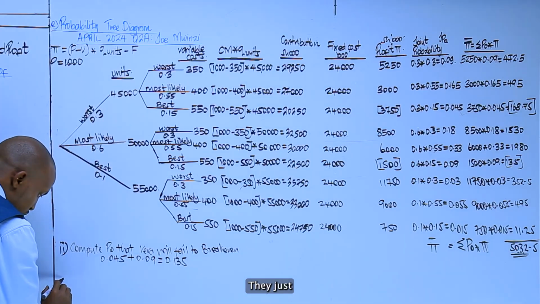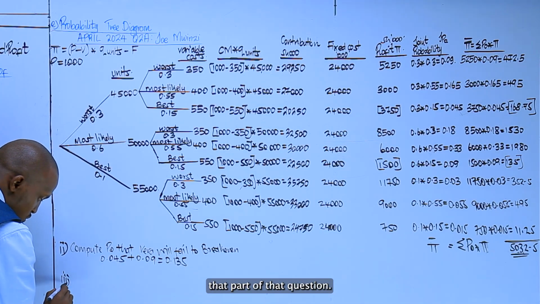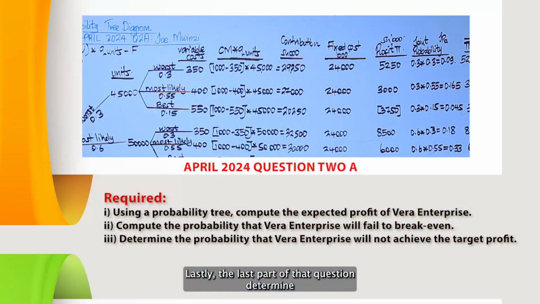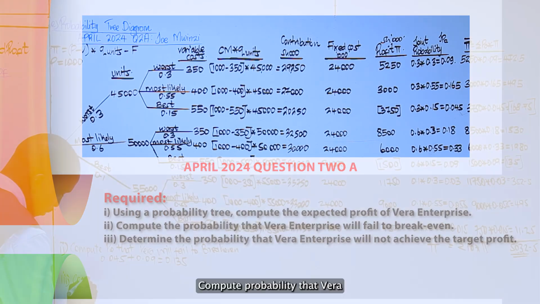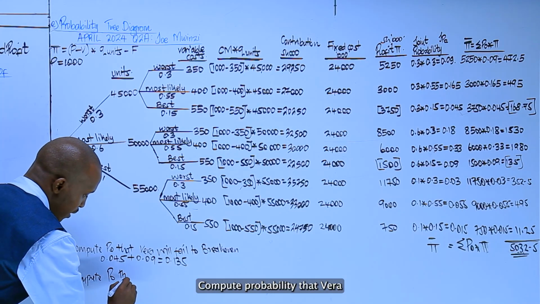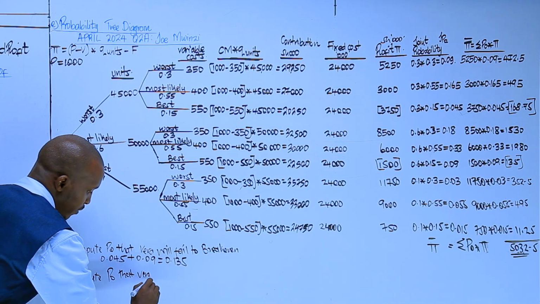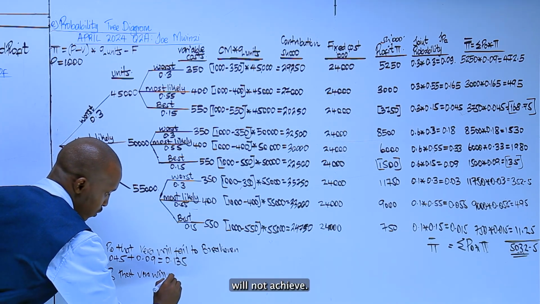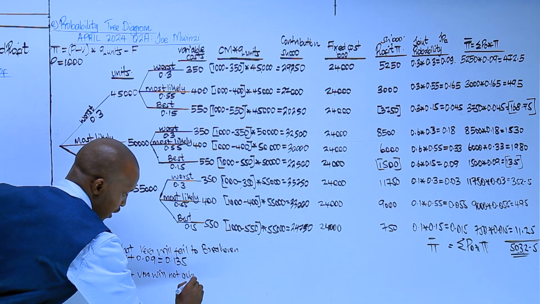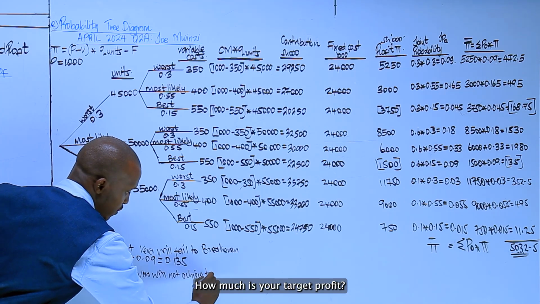The third and last part of that question: determine the probability that Vera Limited will not achieve a target profit. How much is your target profit?